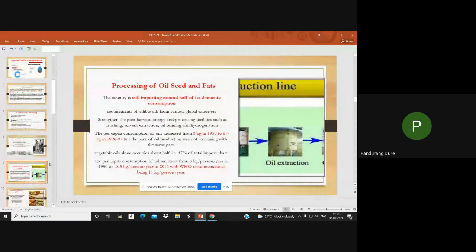Then we are thinking about inflation day by day, and also about the rate of increase in the prices of petrol and diesel. At the same time, there is a large increase in the prices of edible oil also. Why does such a condition arise? There are some agriculture factors and some processing factors involved in that.